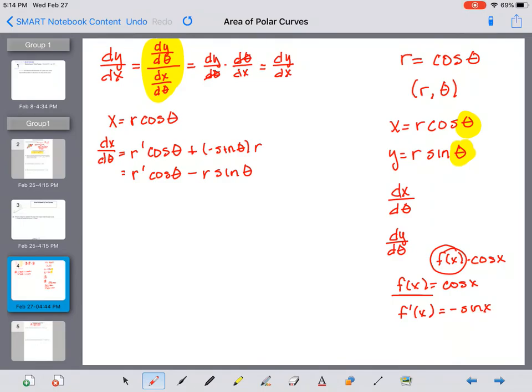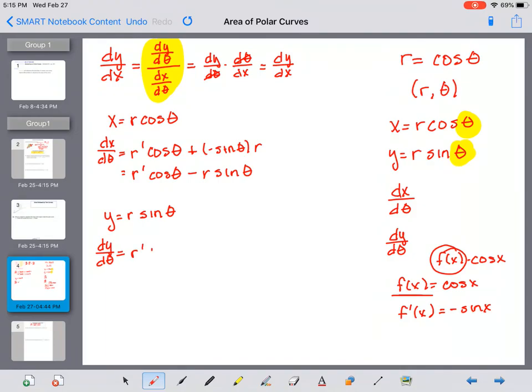Then I'm going to do the same thing with the y equation. So y equals r sine of theta. We use the product rule to find the derivative with respect to theta. So dy d theta equals, that derivative of r gives us r prime.